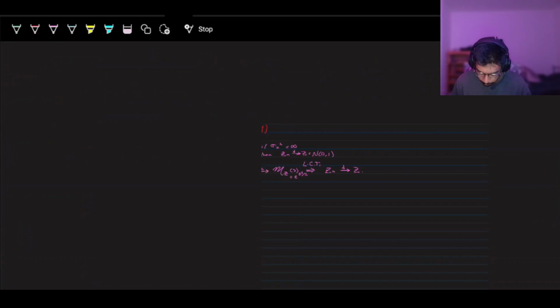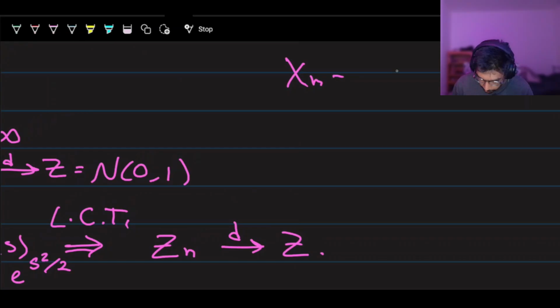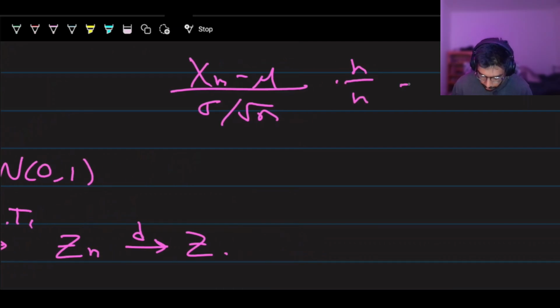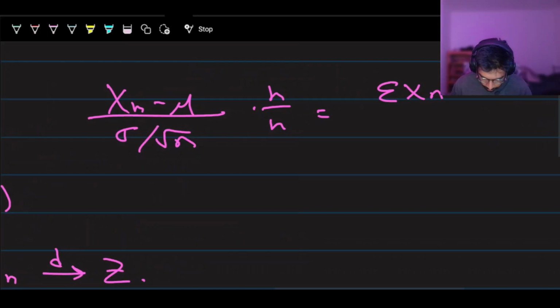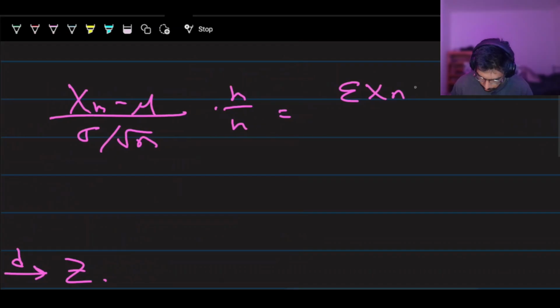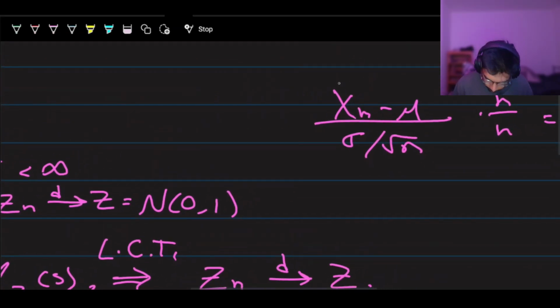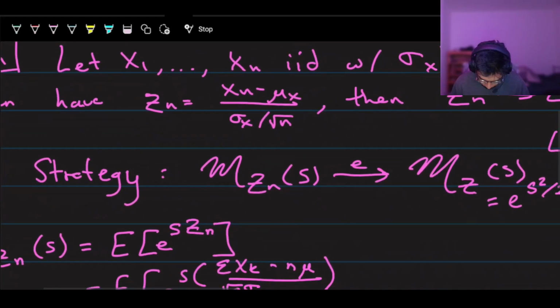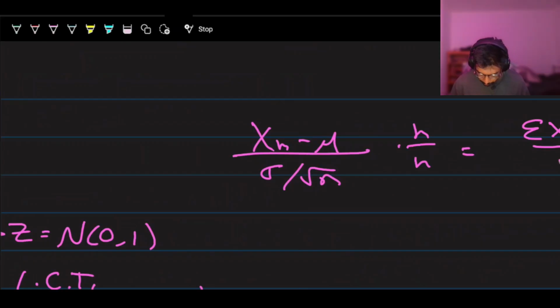This just comes from the standardization, where xn bar minus mu over sigma by root n, we can multiply the whole thing by n, and we get the sum of xn minus n mu over root n sigma.